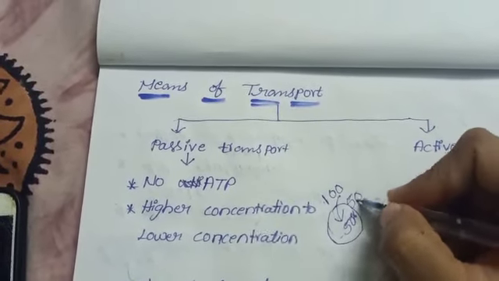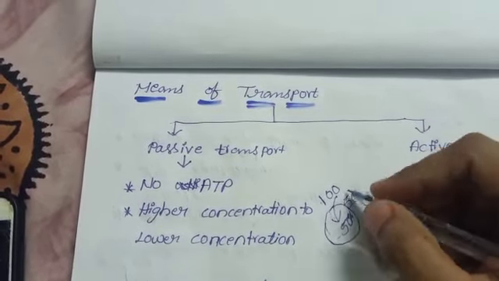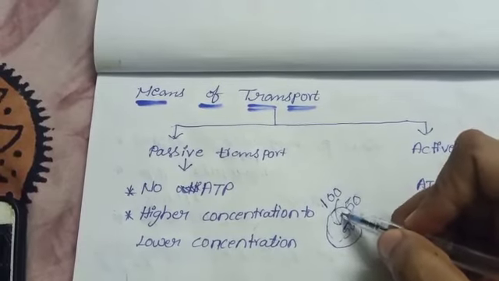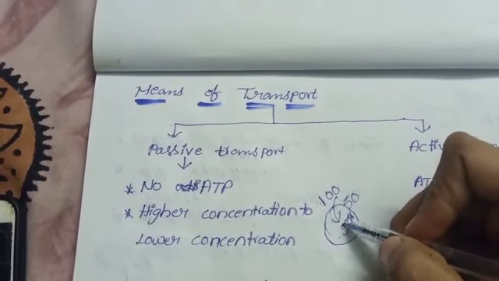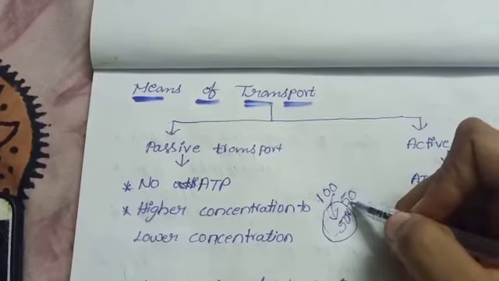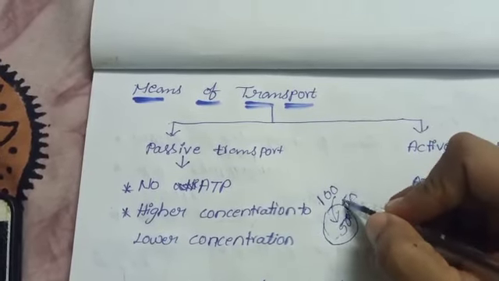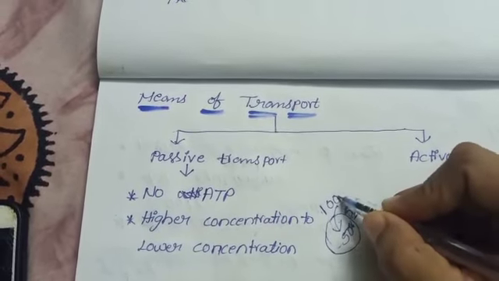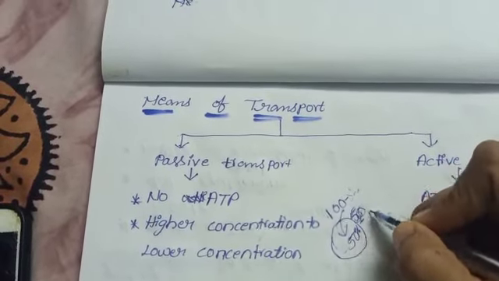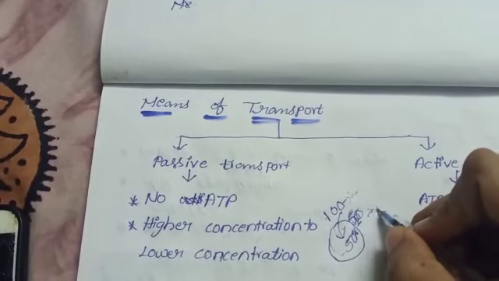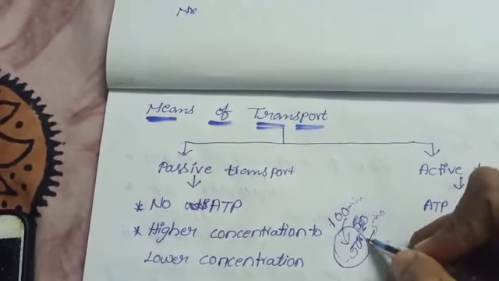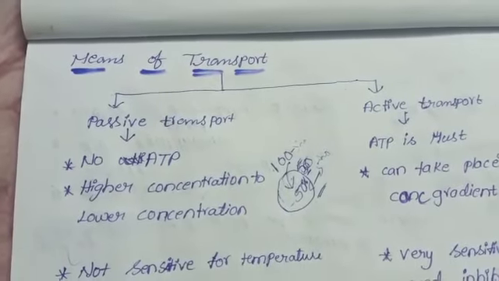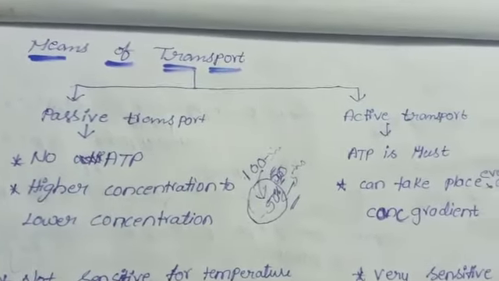That means an equal gradient, and it is called the equilibrium state. First we have a higher concentration, and then it becomes a lower concentration until the equilibrium state. This is the higher concentration to lower concentration movement without using any energy.